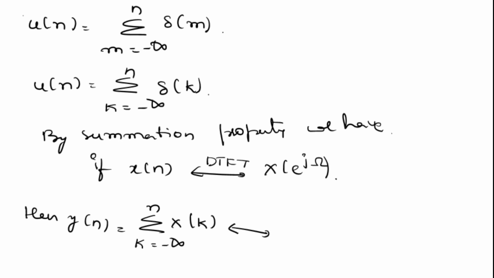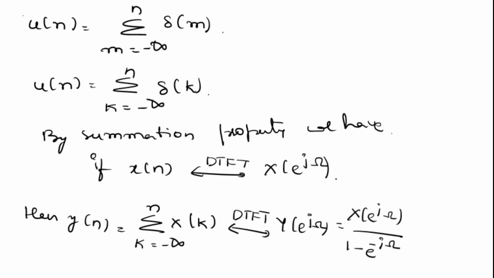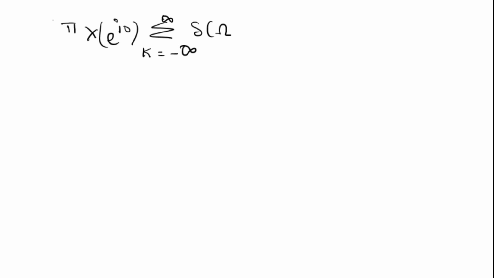If we take DTFT, we get Y of e power j omega, which is equal to X of e power j omega divided by 1 minus e power minus j omega plus pi times X of e power j0 summation k is equal to minus infinity to infinity delta of omega minus 2 pi k.